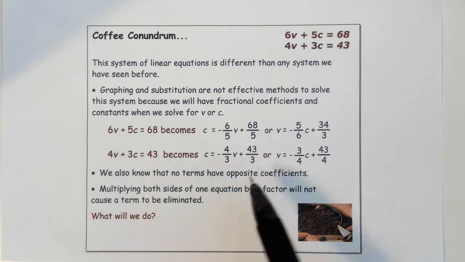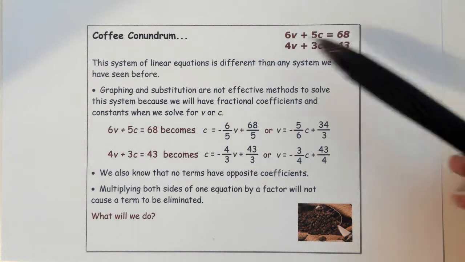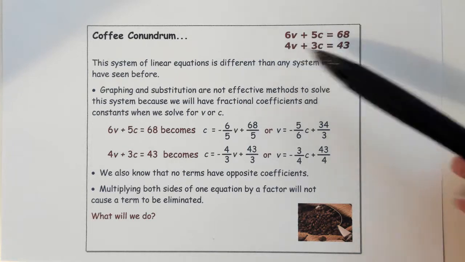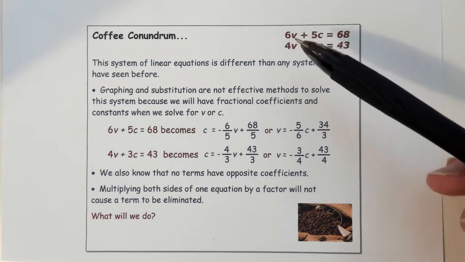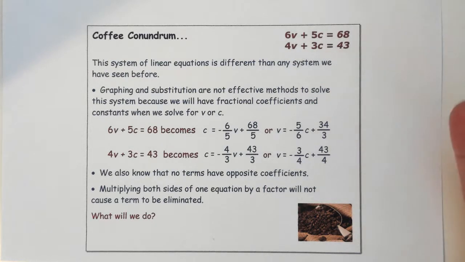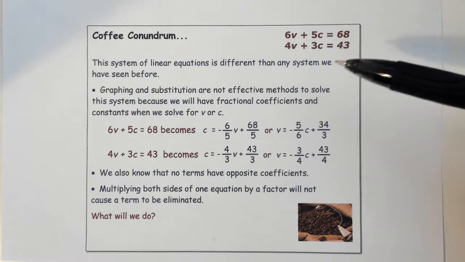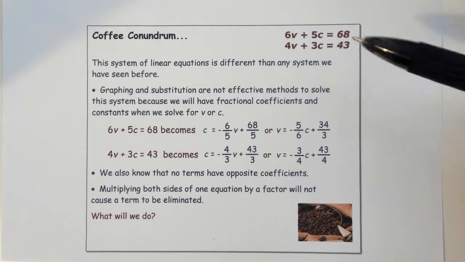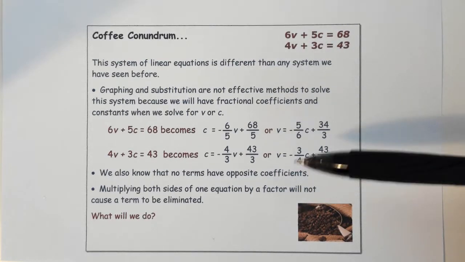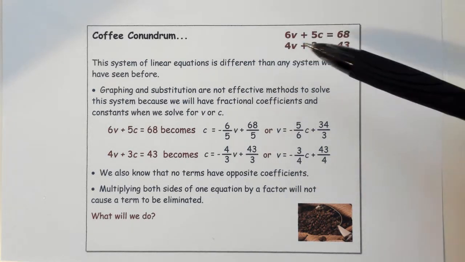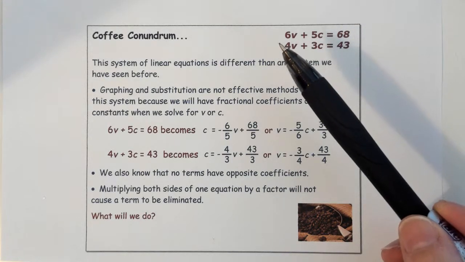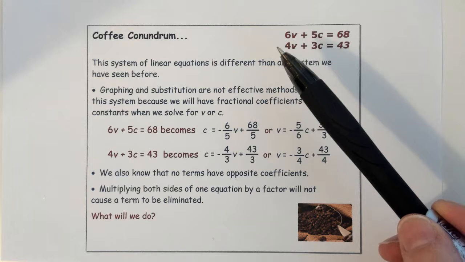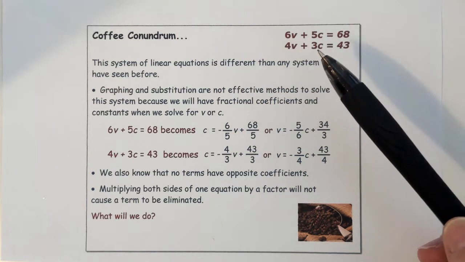We also know that I don't see opposite coefficients in either one of these. Right now I don't even see the same numbers. I have a 6, a 4, a 5, and none of them are even the same number. So this is already much different. Also, if I multiply both sides of one equation, I'd have to multiply this by 1.5, and that would make this 4.5.